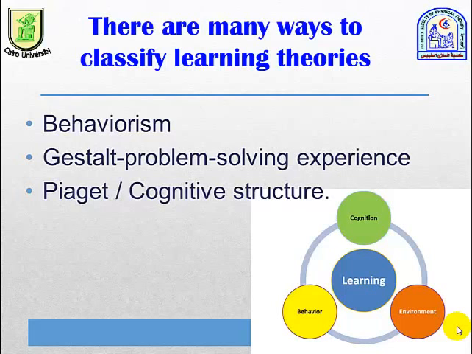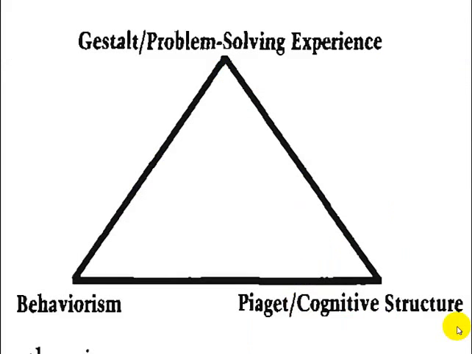So if we look at this diagram, learning may be through cognitive, behavior, and through experience by the environment, through solving experience through the environment. Here also is this triangle, and in each corner we have Gestalt problem solving experiences, behaviorism, and Piaget cognitive structure.